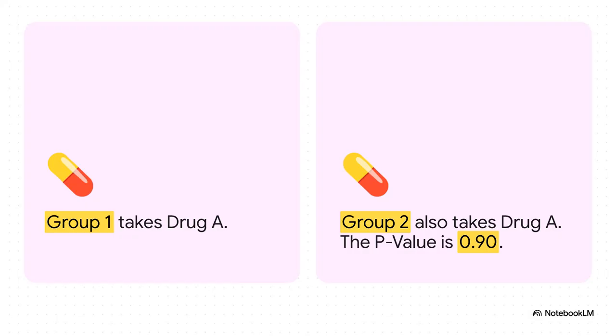Let's make that really, really clear. Imagine we run a test where we know there's no difference. We just give drug A to group 1, and we also give drug A to group 2. Most of the time, the results are going to be pretty similar, and you'll get a big, boring p-value like 0.90, which correctly tells you, yep, nothing to see here, folks.